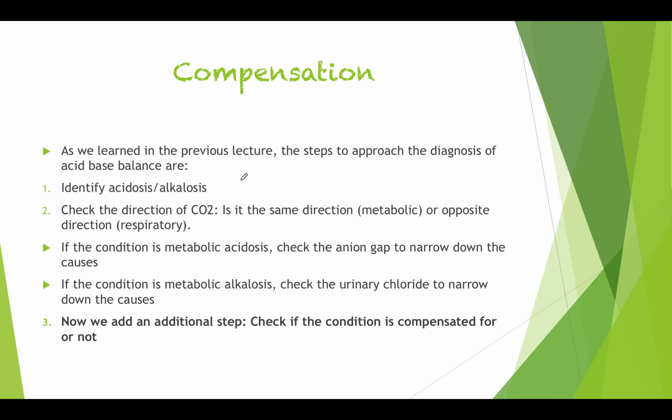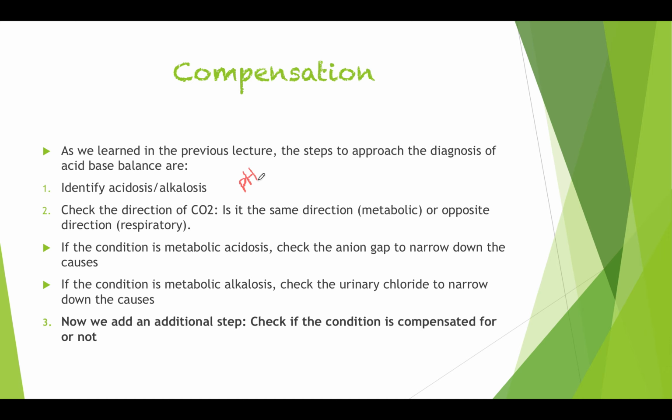So if we have a pH that is low, this means that the patient has acidosis. If the pH is high, this means that the patient has alkalosis. The second step is to check the direction of the carbon dioxide.